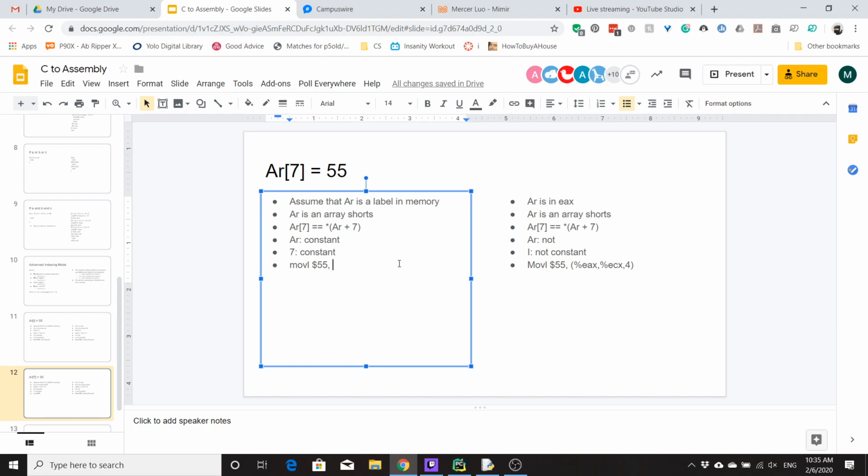Because again, you said AR is constant and 7 is constant, right? So they both have to go into the displacement field. You can put a constant expression there. So what do you want your expression to be? Discuss amongst your neighbor what you think should go into the displacement field, what your constant expression should be.